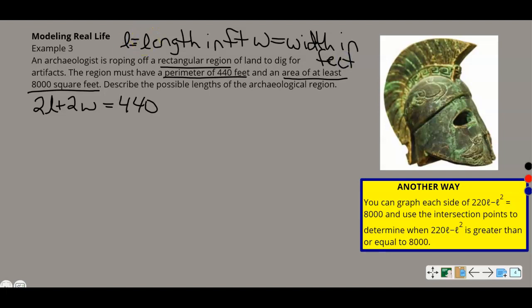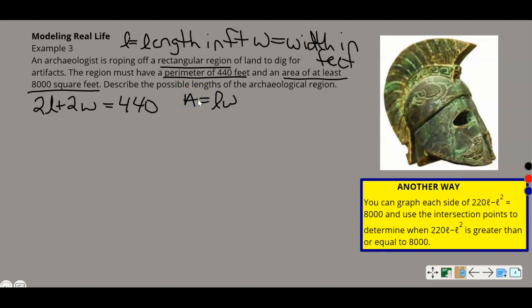Let's see what other information we have. The area has to be at least 8,000 square feet. A rectangular region has an area of length times width.